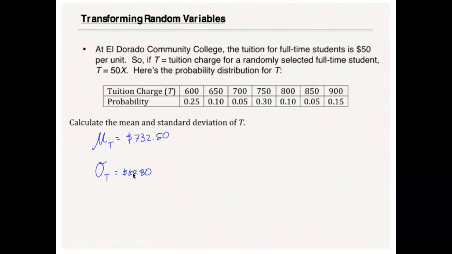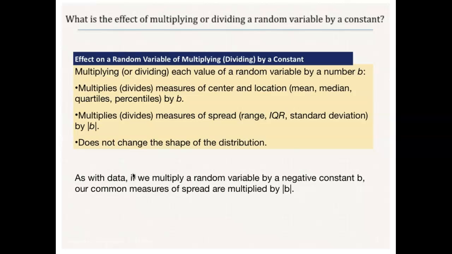But the point is that you can actually get the mean tuition and the standard deviation of tuition without having to calculate it from the new raw data, right? We could have just converted our mean and standard deviation from the old mean and standard deviation. And that's what we're stating here, which is multiplying or dividing, same thing.